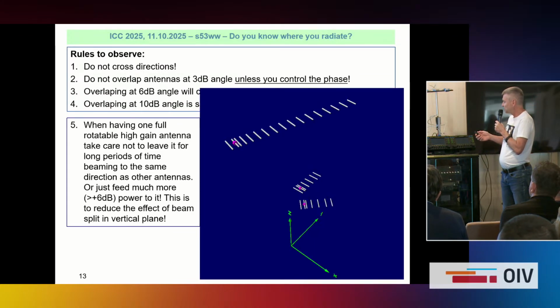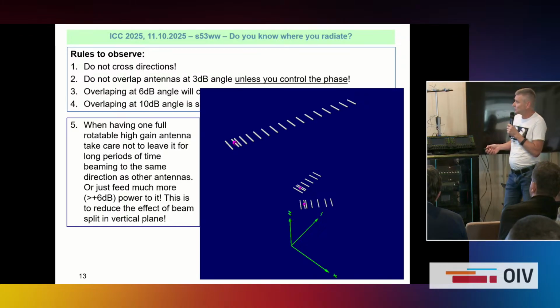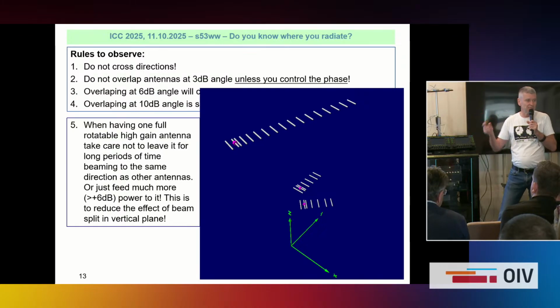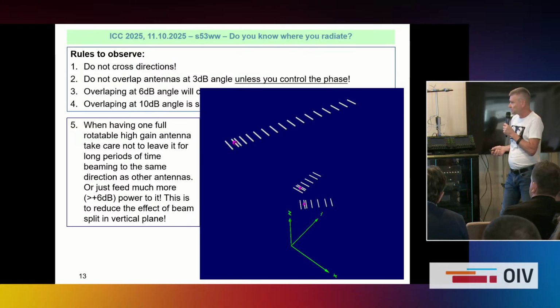And rule number 5, right? When you have one fully rotatable high-gain antenna, take care not to leave it for long periods of time beaming in the same direction as other antennas. One solution to this is that you feed much more power to that antenna, so this null in the vertical radiation pattern is not 20 dB or 10 dB or 15 dB, it's just 2 or 3 dB, because you have this split in the signal level.